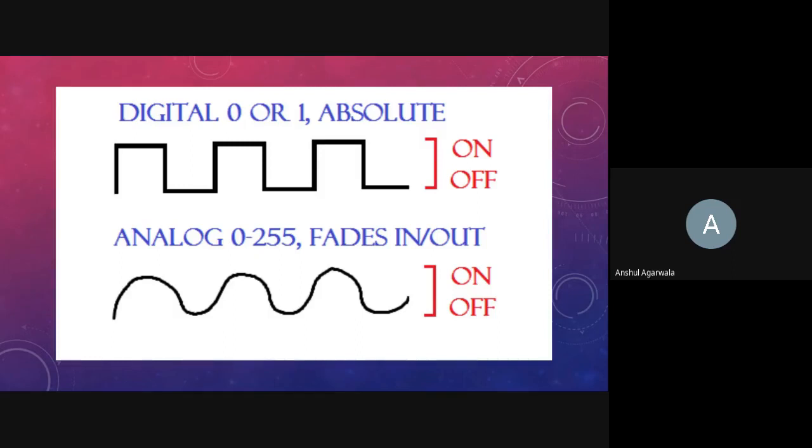As I said, the 5 volts is divided into 255 equal parts. So if you halve the voltage from 5 volts to 2.5 volts, then you have to halve this number from 255. You will get 125, right? That's how analog signals work. We will get to the details during the demonstration, so don't worry if you don't get it right away.